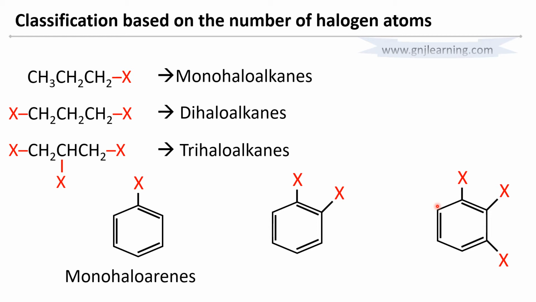If it has 2, we can call it dihaloarene, and if it has 3 halo atoms, we can call it trihaloarenes. This is how to classify haloalkanes and haloarenes on the basis of number of halogen atoms.